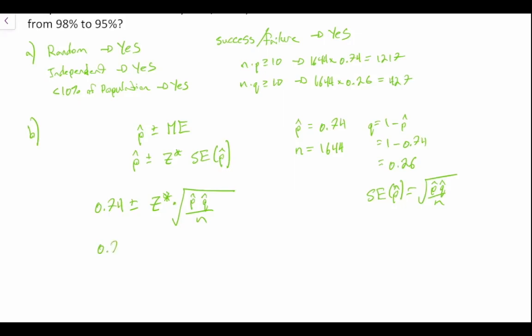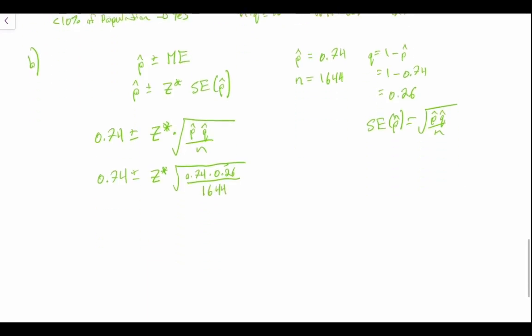So 0.74 plus or minus z star times the square root of 0.74 times 0.26 divided by 1,644. We can go ahead and do this math.